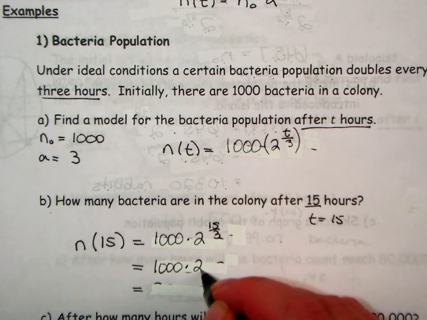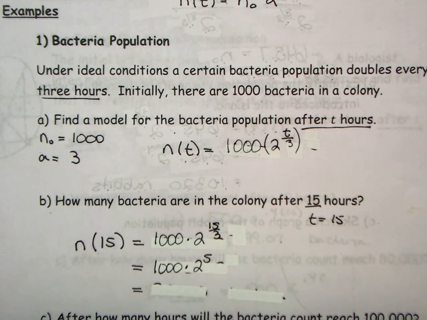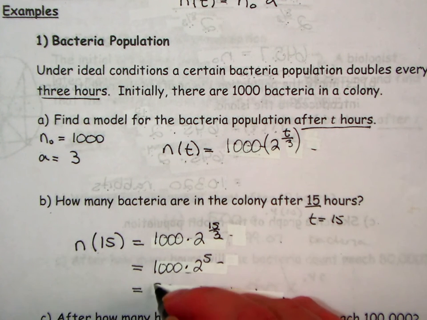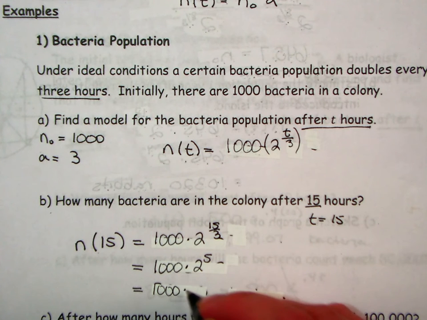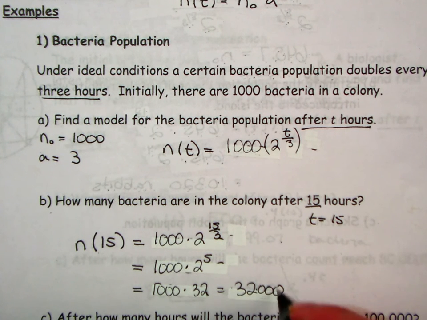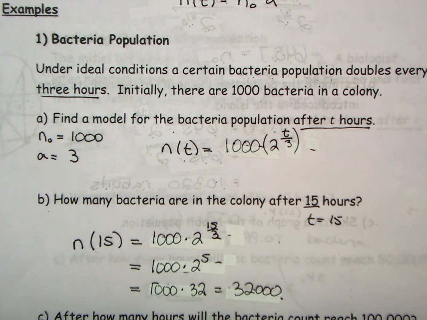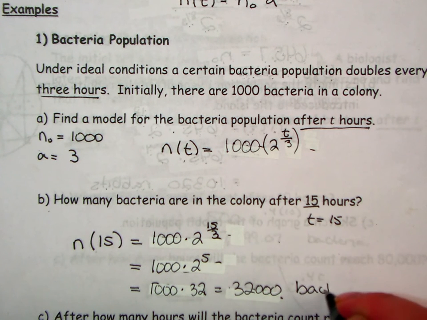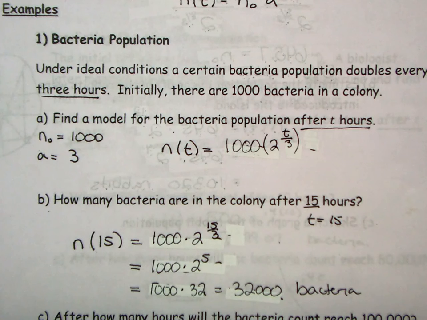So we're going to multiply 1,000 times 2 to the 5th, which is 1,000 times 32, which is 32,000. So if an initial population of 1,000 doubles 5 times, we should have 32,000 bacteria after 15 hours.